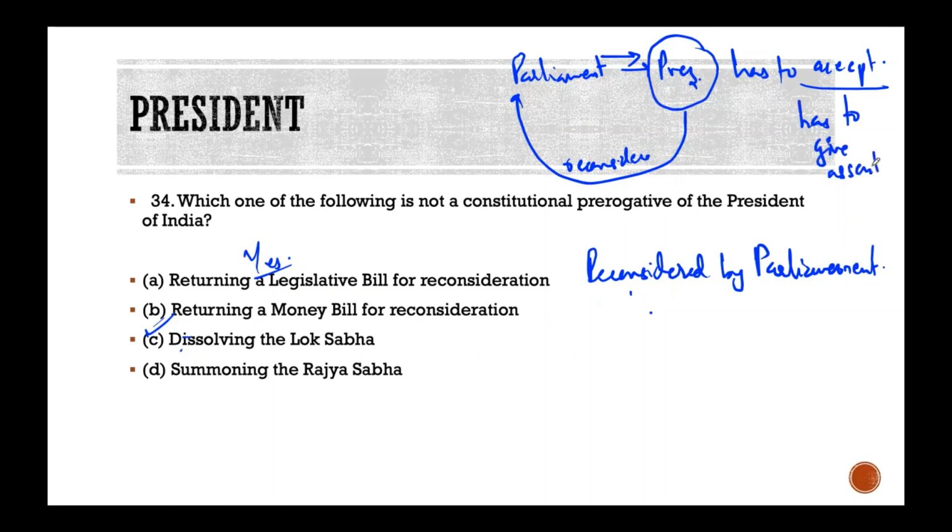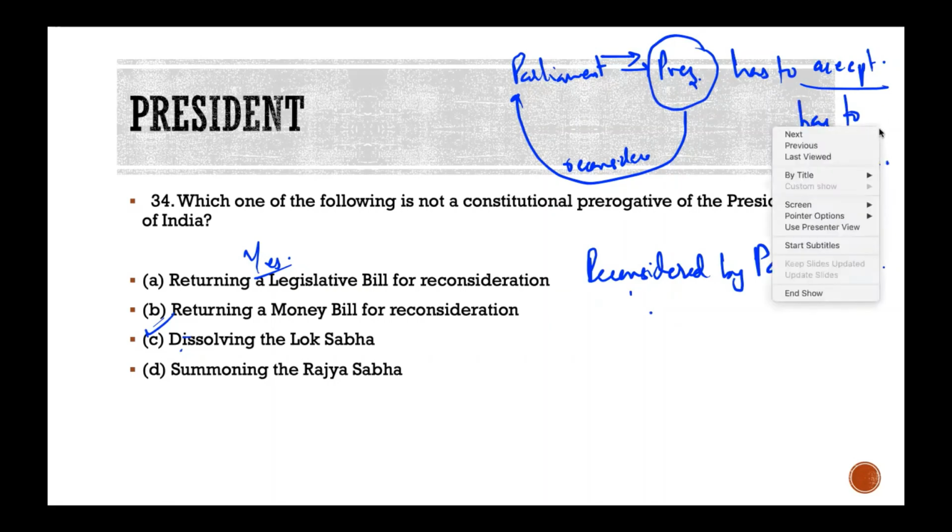Now this is something that we had discussed yesterday, but again, these are the tricky parts. If you go to your President's chapter, page number 10, come to your legislative powers, point number I. Can you see that point, guys?